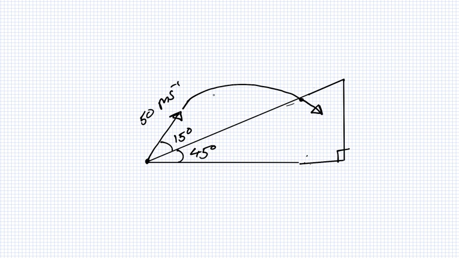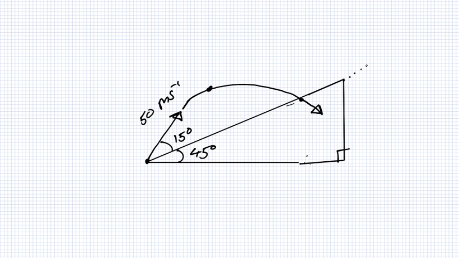So that would be the time for it to get here, which is the maximum height above the plane. The hint I give you is to set up the x and y axes so that the x-axis is along the plane and the y-axis is perpendicular to the plane.